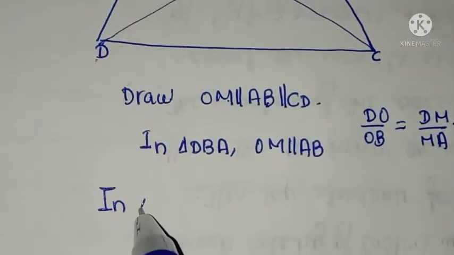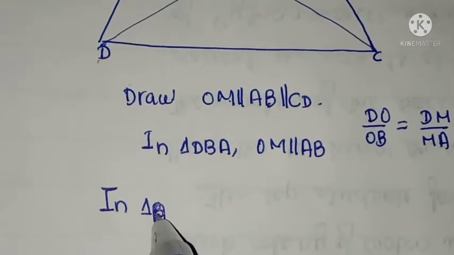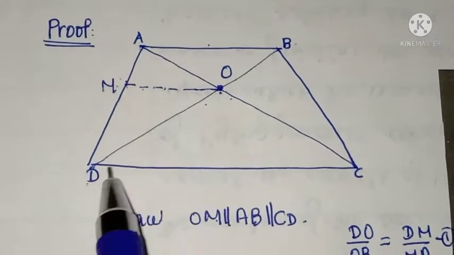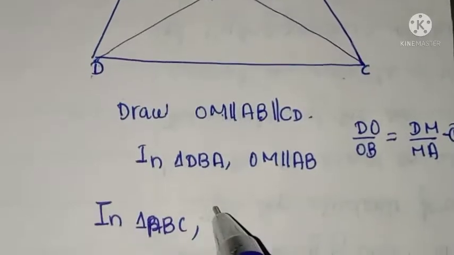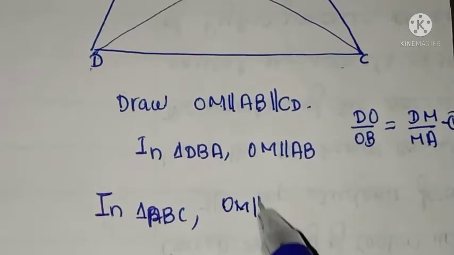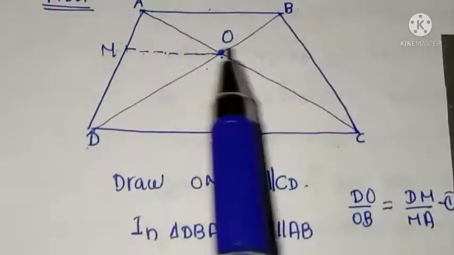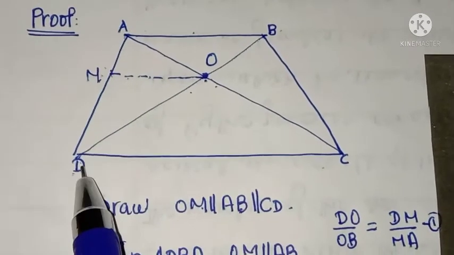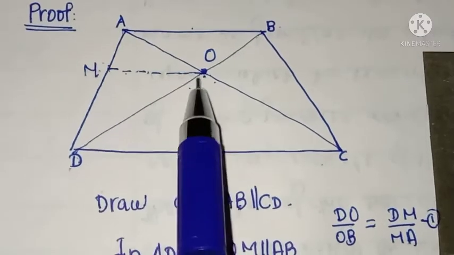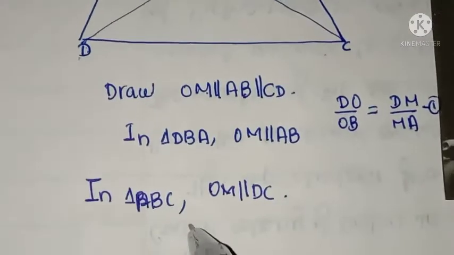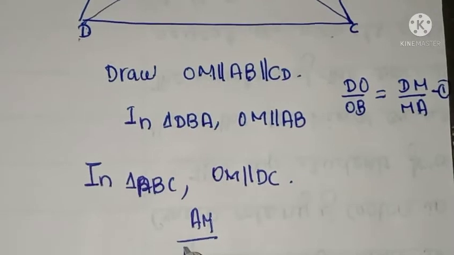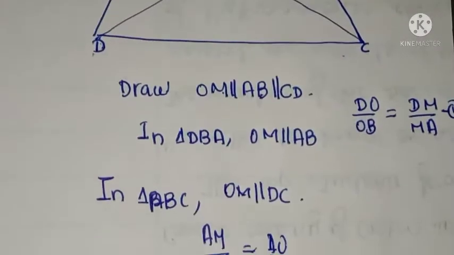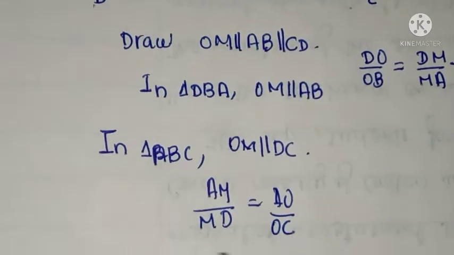Listen, in the triangle ABC, we can see that the line OM and DC are parallel. OM is parallel to DC. So again by Thales theorem, AM by MD equal to AO by OC. AM by MD is equal to AO by OC.